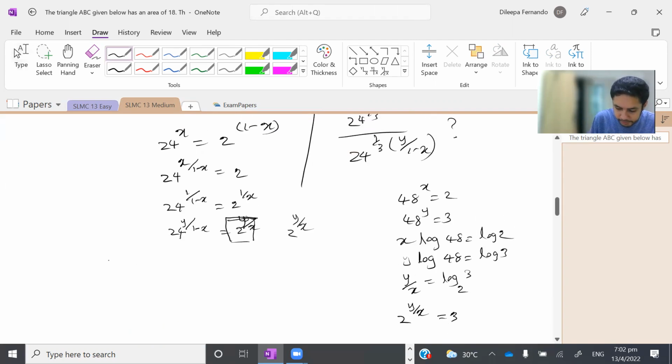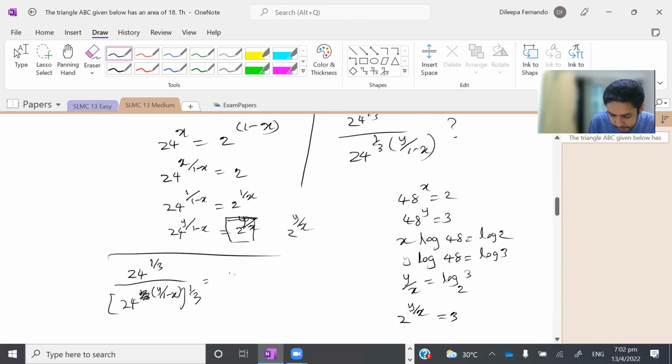In the final answer, 24 to the power 1 over 3, so 24 to the power y over 1 minus x, to the power 1 over 3, plus 24 to the power 1 over 3. 24 to the power y over 1 minus x is 2 to the power y over x, that is 3.